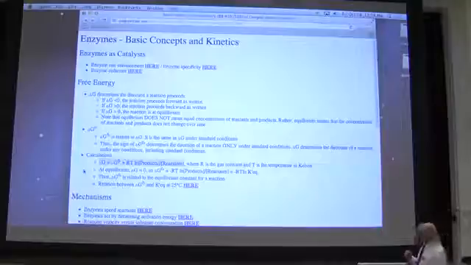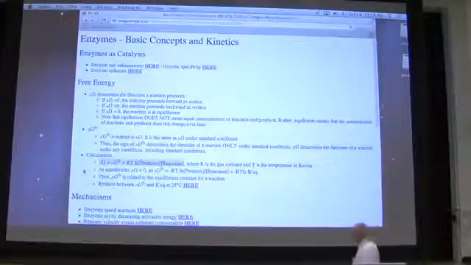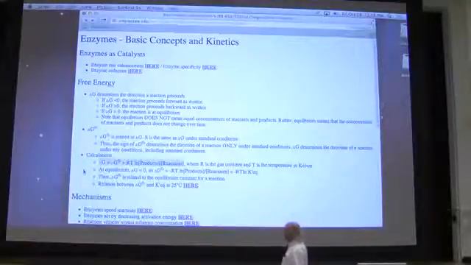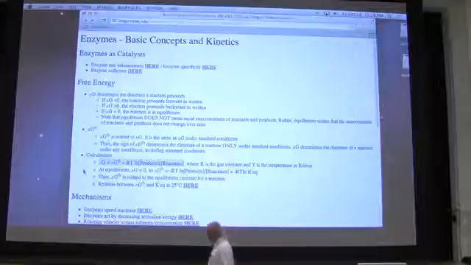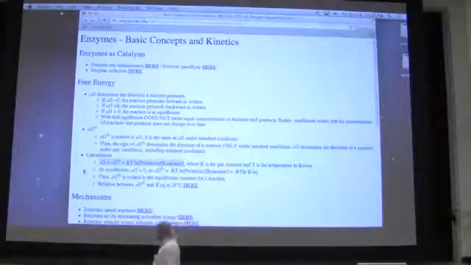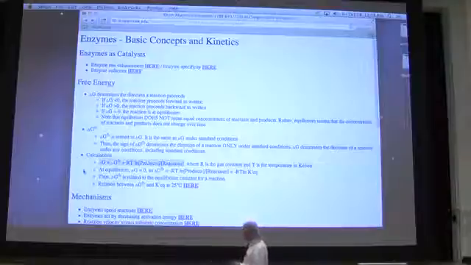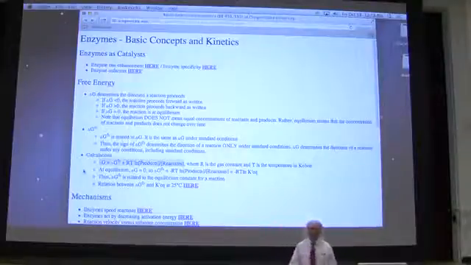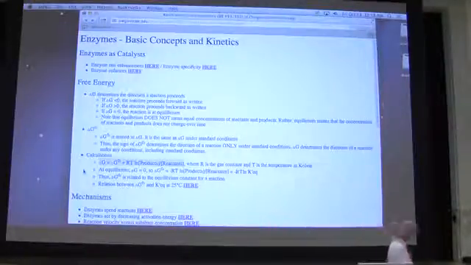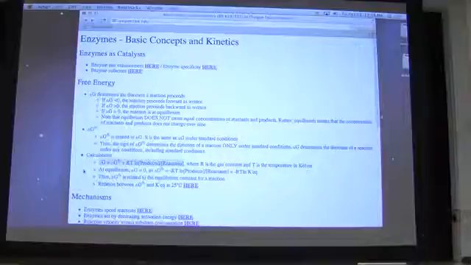That's a big 0, and that's a prime over there. It says that the overall free energy for a reaction, which is the delta G, is equal to the delta G 0 prime plus R, the gas constant R, times the temperature, times the natural log of the concentration of the products over the reactants. That's what it says. I'm going to explain that to you, but that's what it says, okay?